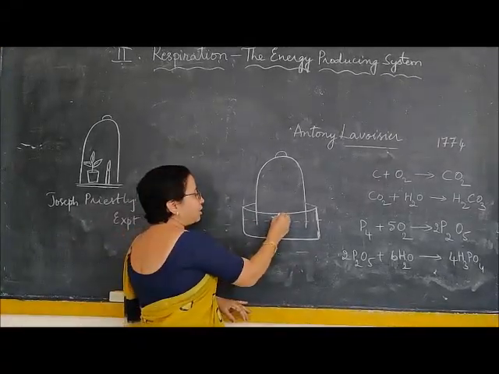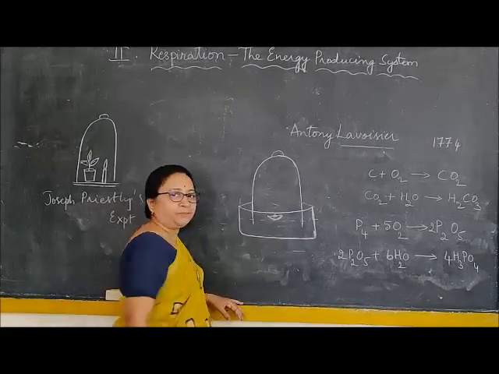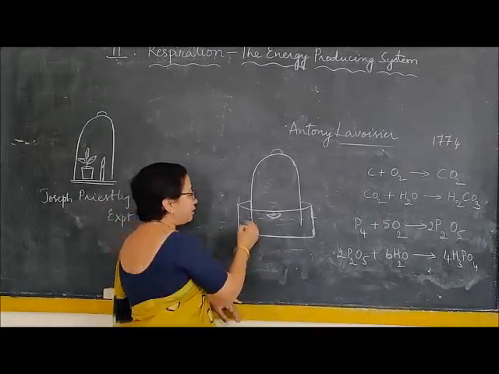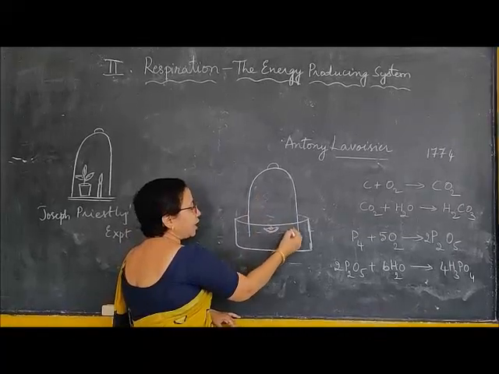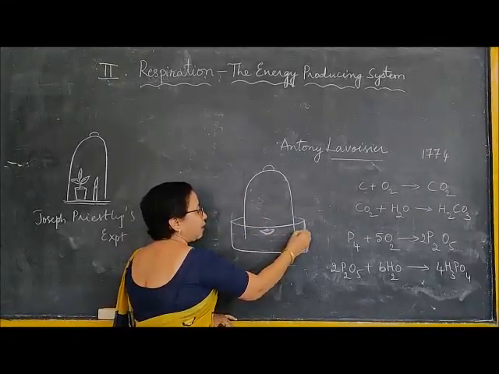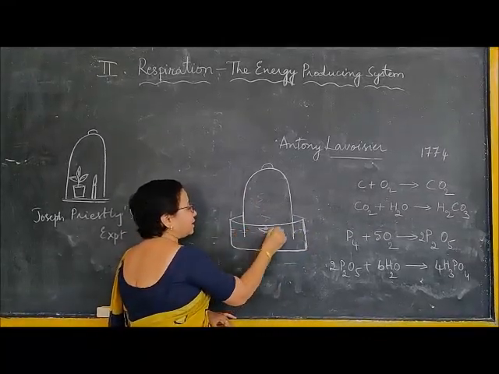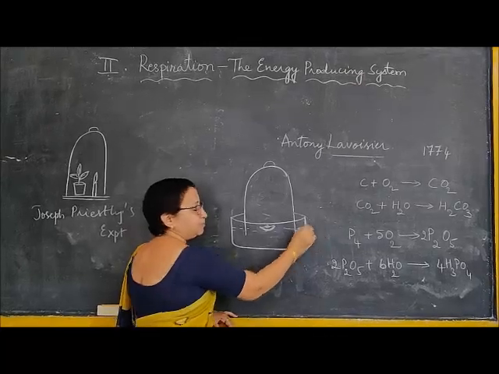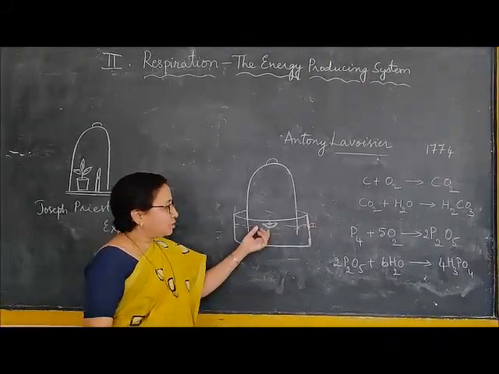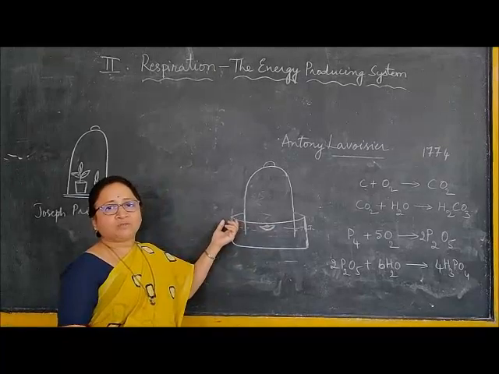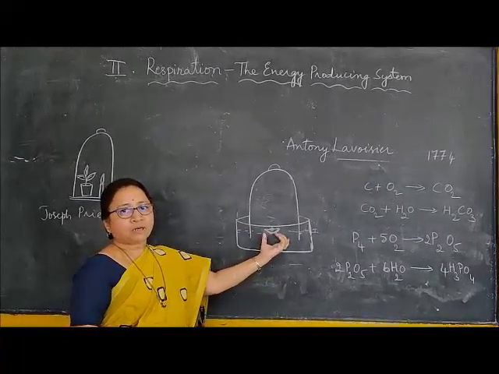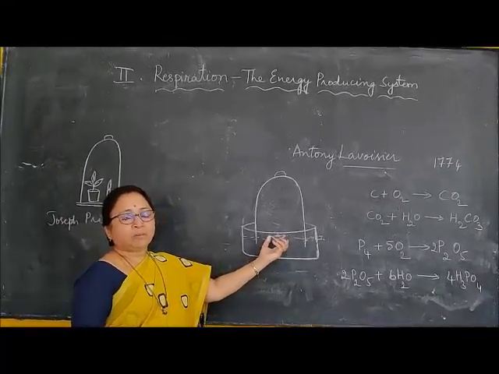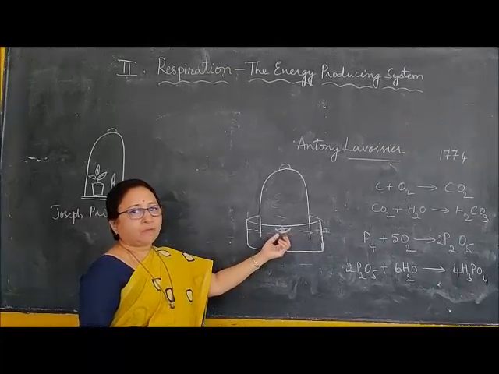The charcoal powder gave dense fumes. After some time, gradually these dense fumes dissolved in the water, and the level of the water gradually increased. And he also observed that the weight of the leftover after combustion of charcoal powder had increased.